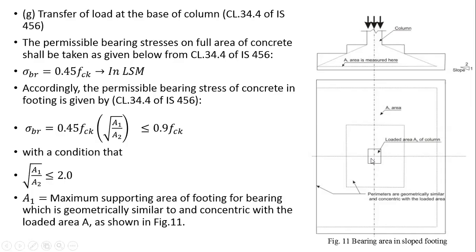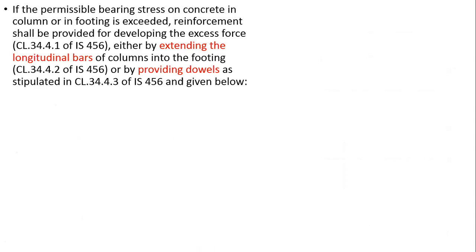And A2 is the loaded area at the base of the column. So A2 is nothing but the area of the column, and A1 is the area of the footing. When you do A1 by A2, we have to multiply by 0.45 fck. So this is my bearing stress, which should always be less than or equal to 0.9 times fck.